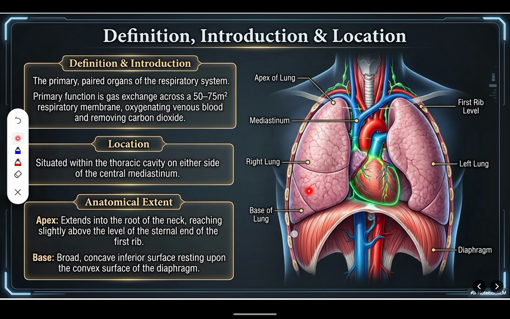It is a concave shape at the base, which rests on the convex diaphragm. Remember, concave is from this dimension and convex is from this dimension. So when we said it rests on the convex diaphragm, take a look at the diaphragm, and when I view it from this direction, it is convex.